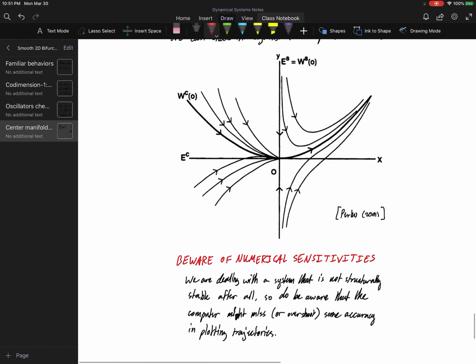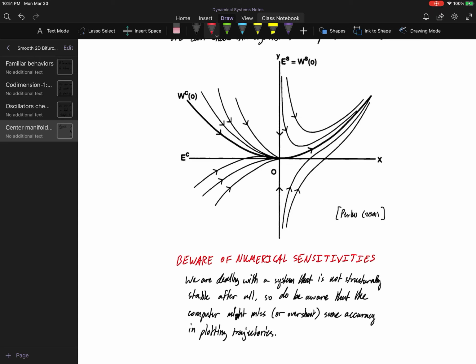And again, the credit here goes to Perko for the picture. Thank you, sir. And do beware of numerical sensitivities here. We are dealing with a non-hyperbolic fixed point, so this is something that is non-structurally stable, so the numerics are not robust. Do be very careful of missing or overshooting accuracy as your computer tries to plot trajectories.